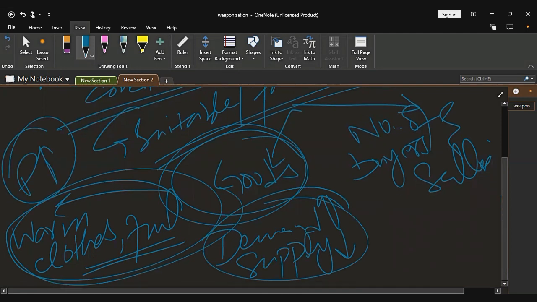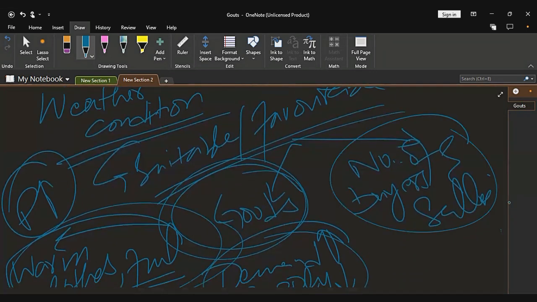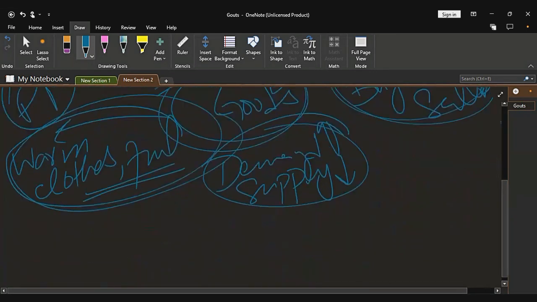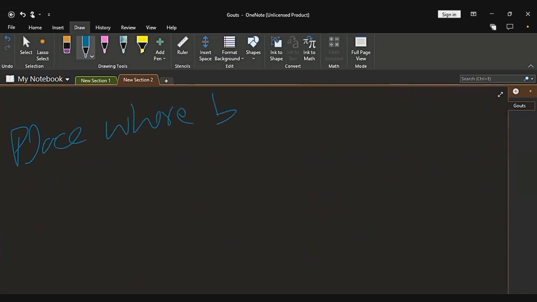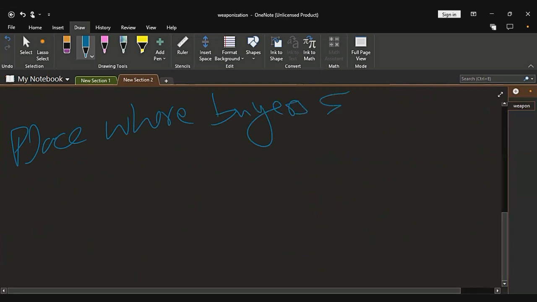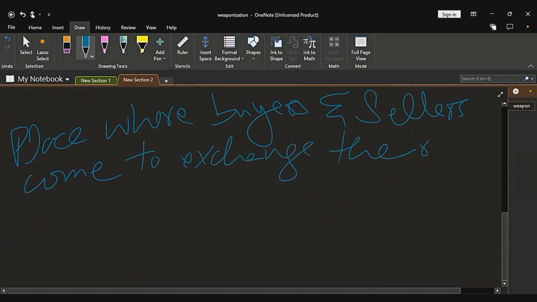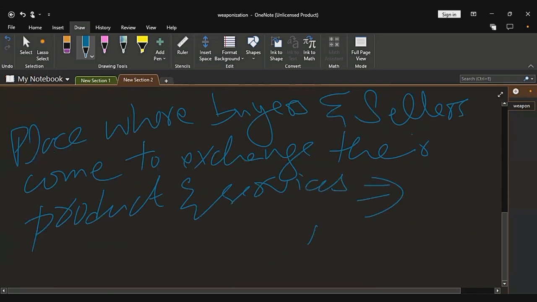And what is the effect when there is a change in the number of buyers and sellers? The place where buyers and sellers come to exchange their products and services is called market.